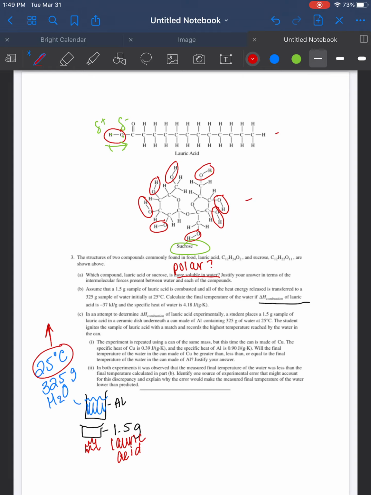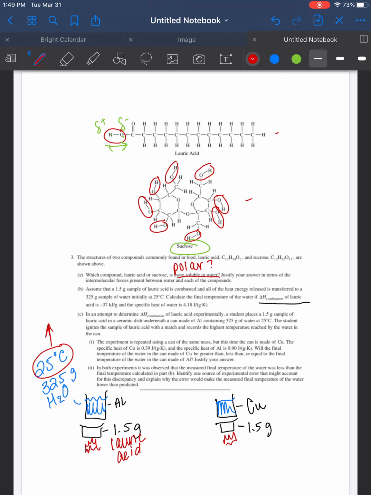Okay, so part 1 says, the experiment is repeated using a can of the same mass, but this time the can is made of copper. So let's just redraw that quickly. Instead of an aluminum can, it is made of copper. We have the same thing with water, with our 1.5 grams of lauric acid underneath, and it is ignited.